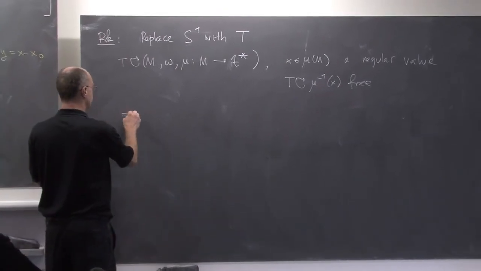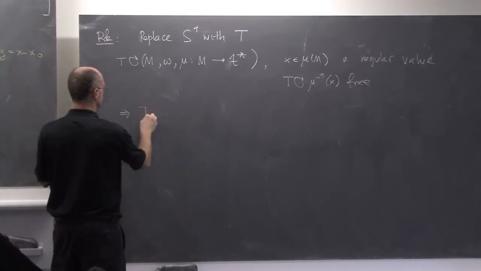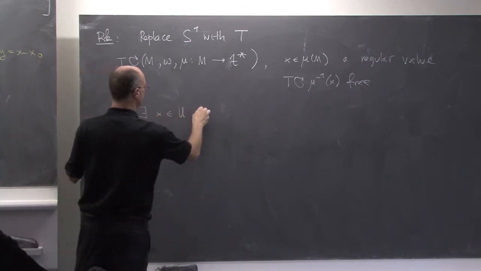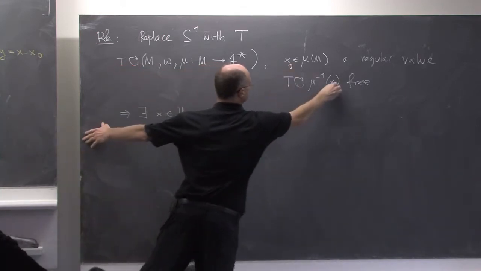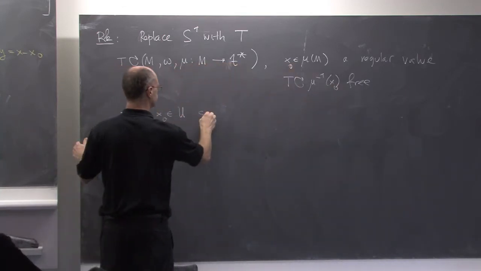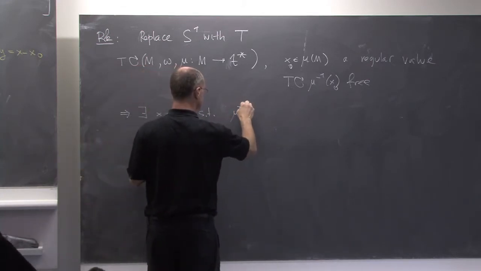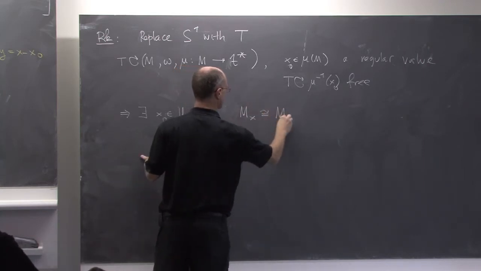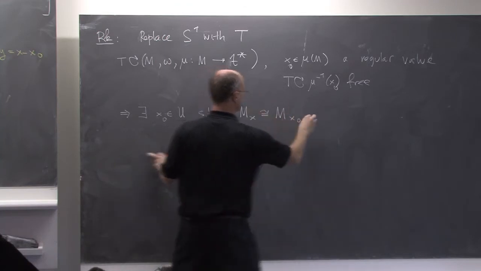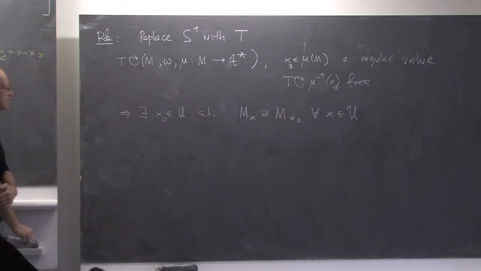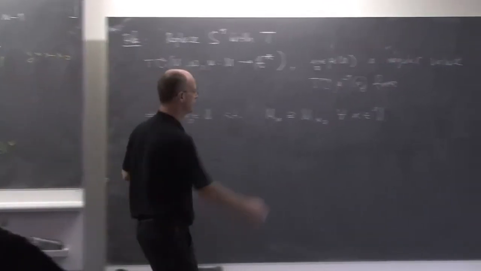So then there is an open neighborhood of x, or let's say x0 as before, such that the reduced spaces will be diffeomorphic in this open neighborhood.